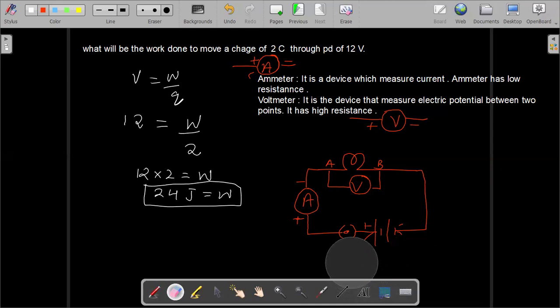Then you need to check the terminals. The positive terminal of the ammeter should be connected to the positive terminal of the battery, and the negative terminal of the ammeter should be connected to the negative terminal of the battery. Got it?